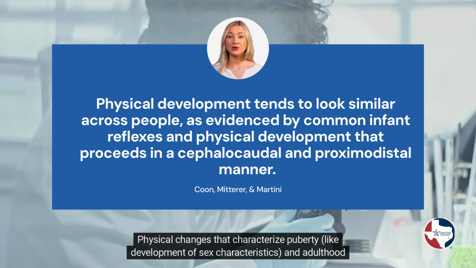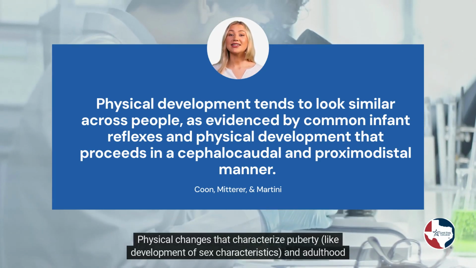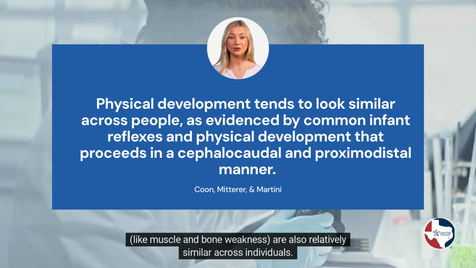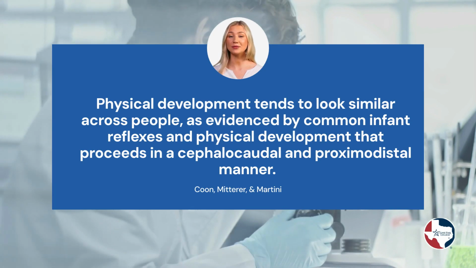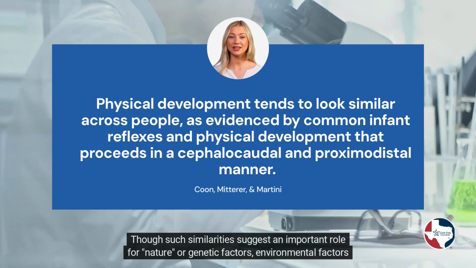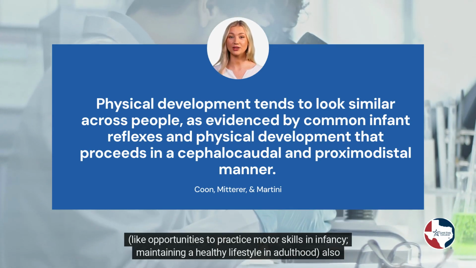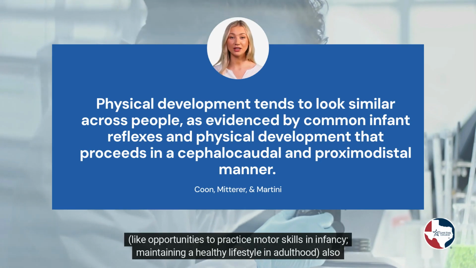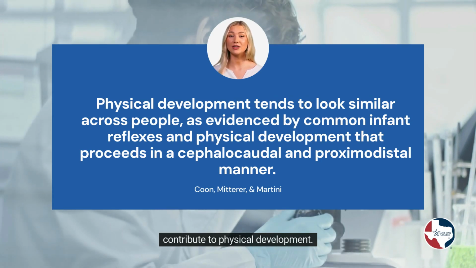Physical changes that characterize puberty, like development of sex characteristics, and adulthood, like muscle and bone weakness, are also relatively similar across individuals. Though such similarities suggest an important role for nature or genetic factors, environmental factors, like opportunities to practice motor skills in infancy and maintaining a healthy lifestyle in adulthood, also contribute to physical development.